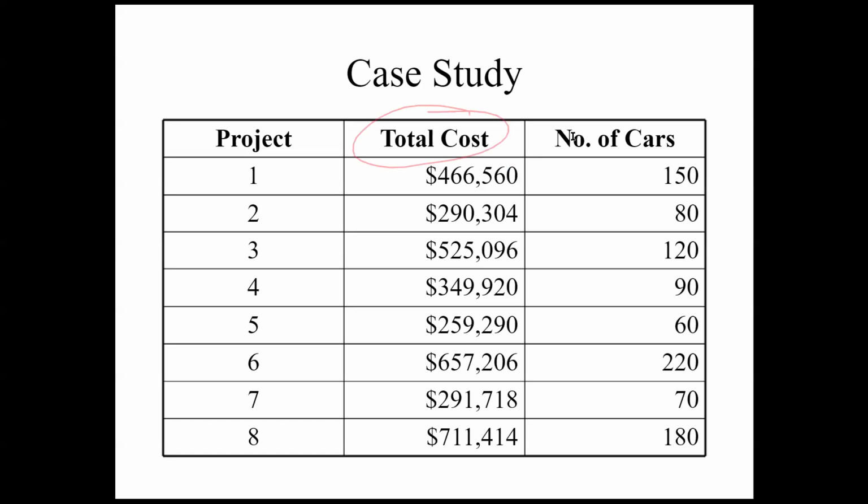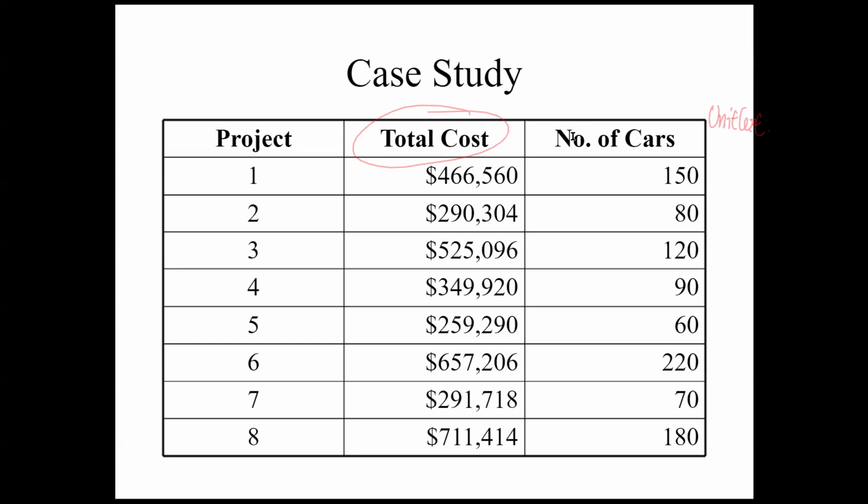We did not have ABC here because ABC is all the unit cost. So we have the number of cars. How to find the unit cost? We may make a new column here called unit cost. So how can we find the unit cost?